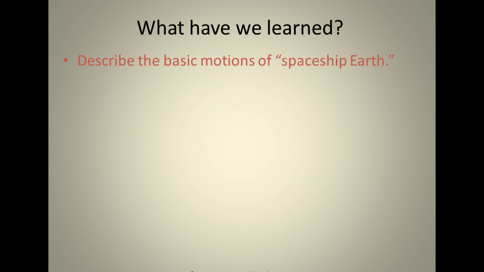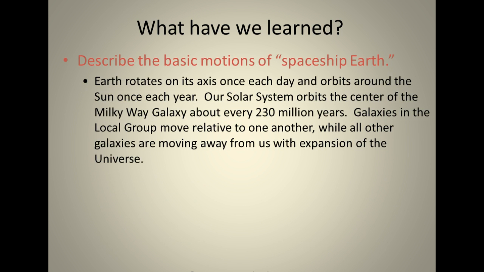Then we described some basic motions of our spaceship Earth. We talked about how the Earth rotates on its imaginary axis, the one that goes from north to south pole, once each day or 24-hour period. And that it takes the Earth 365 days to revolve or orbit around the sun. We call that measurement a year.